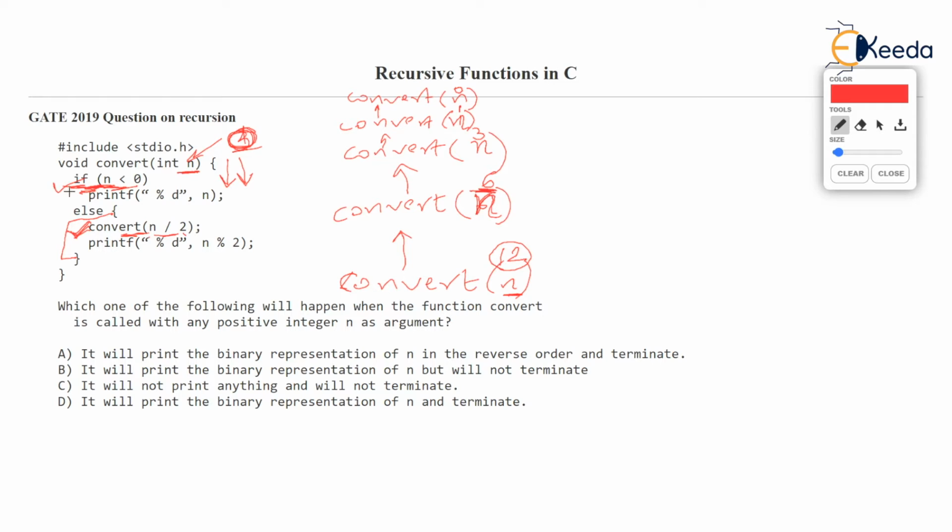I hope you are understanding. Convert n by 2, and n is 0. So the convert function is going to call convert n by 2, which is 0. You see that convert gets called again with n equal to 0. But n less than 0 is false, because 0 less than 0 is false. So it goes to else and calls convert 0 by 2.